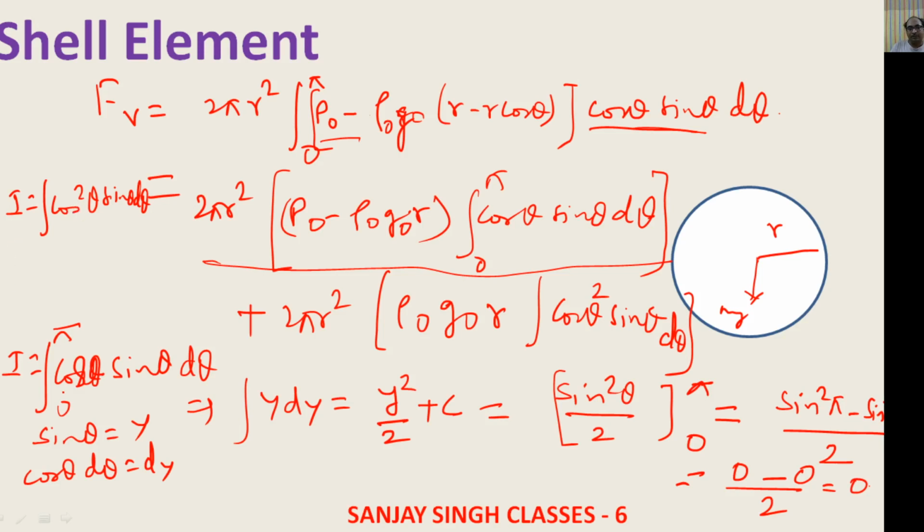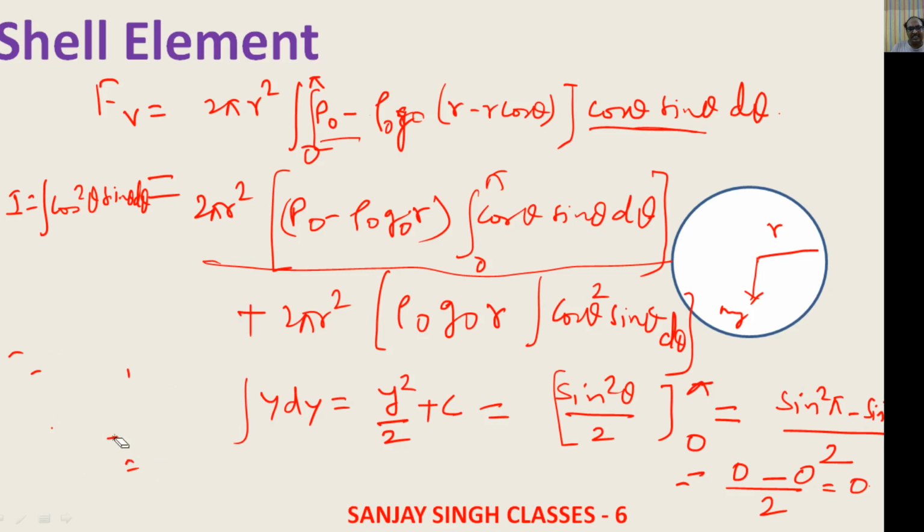So cos theta is equal to y, and it gives us minus sin theta d theta is equal to dy.